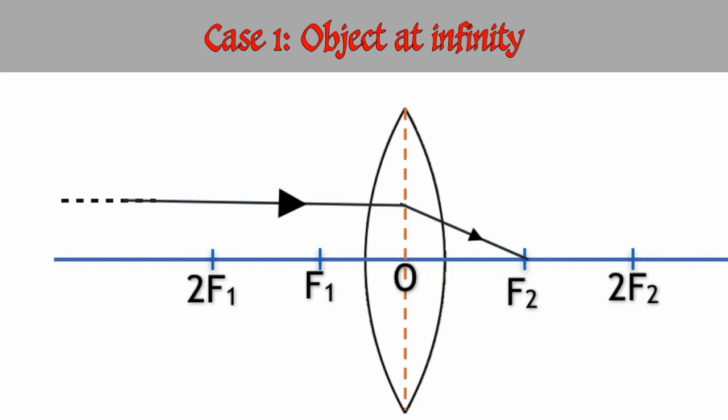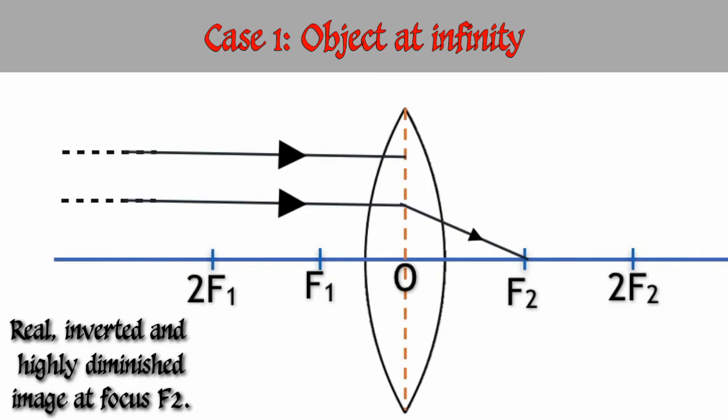Then after refraction, what happens? If the light rays are parallel to the principal axis, then after refraction, they move through the focus. We can see that the light rays intersect at the focus F2. That is, when the object is at infinity, a convex lens provides a real, inverted and highly diminished image at the focus F2.